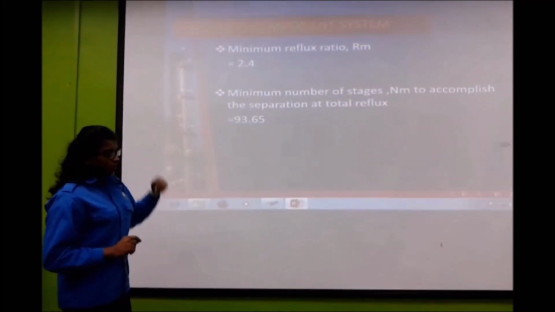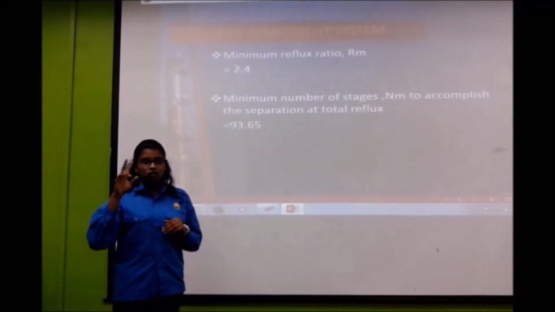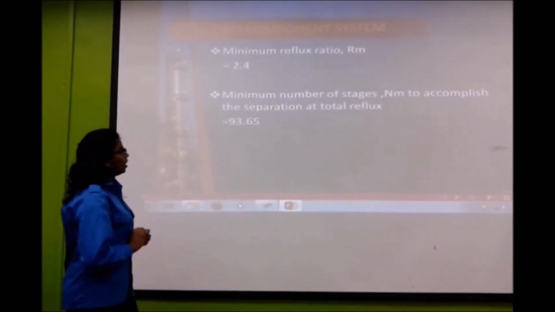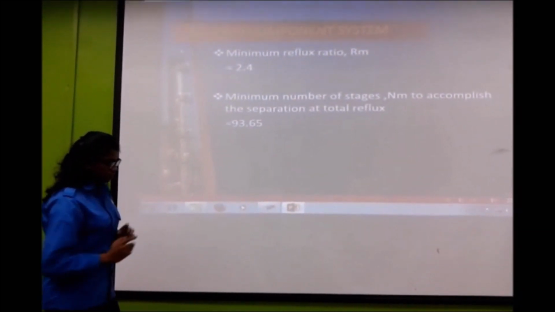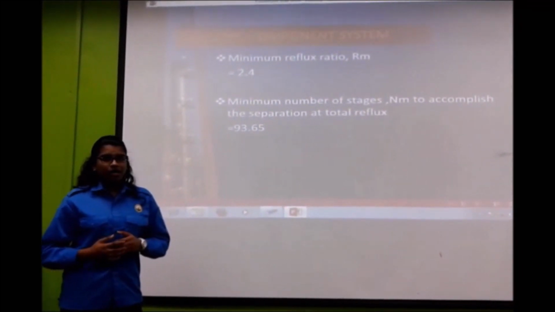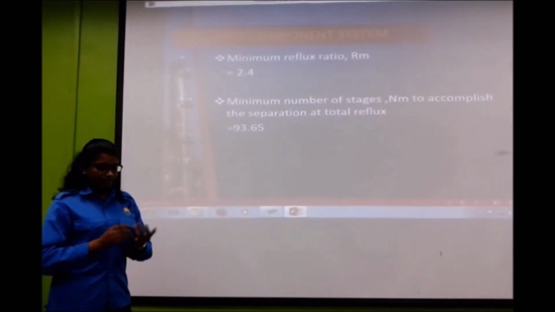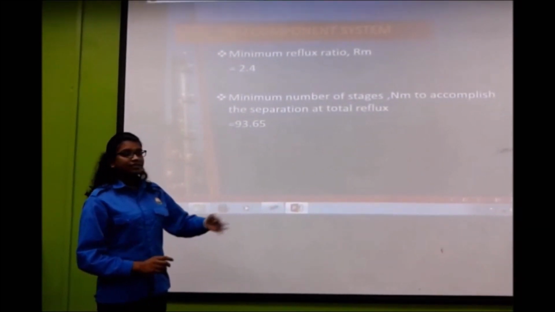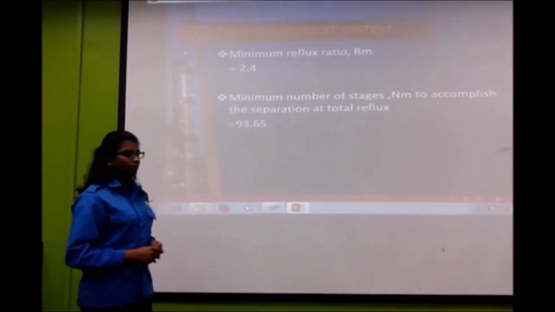So the whole system is a two-component system. It is a binary mixture system. Throughout the system, we will have to find the total reflux, minimum reflux, as well as the number of stages of separation.